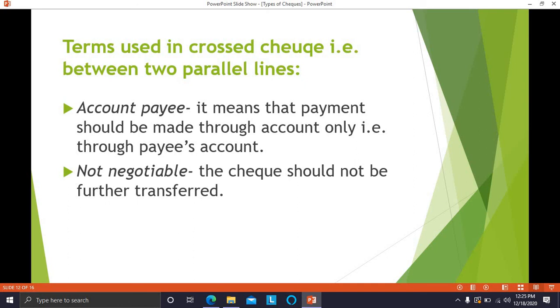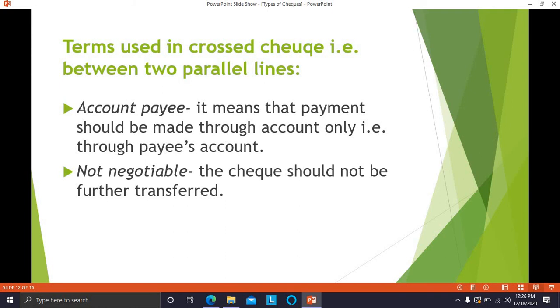It can be presented by the person in whose name the check is drawn, and only he can get it. The amount will be credited in the account of that person only. So the check is credited to the account holder, then the account holder withdraws the amount.